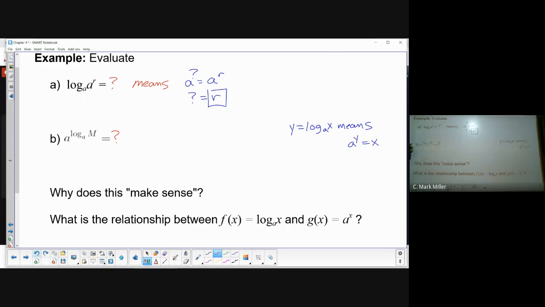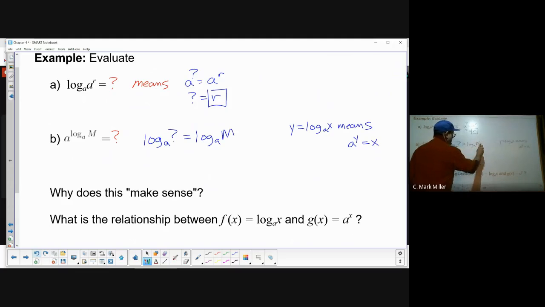Log base a of the question mark has to equal log base a of m.